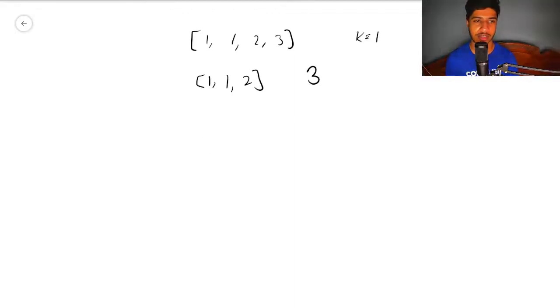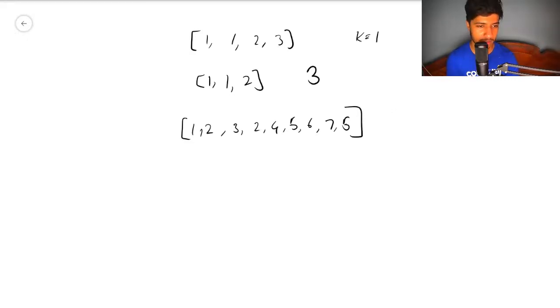So our second test case is something like 1 2 3 2 4 5 6 7 5, and k is equal to 2. Okay, so what subsequence do you think will be the longest?